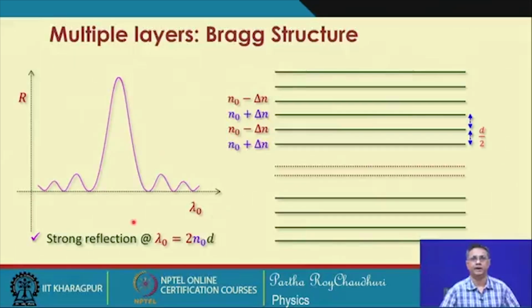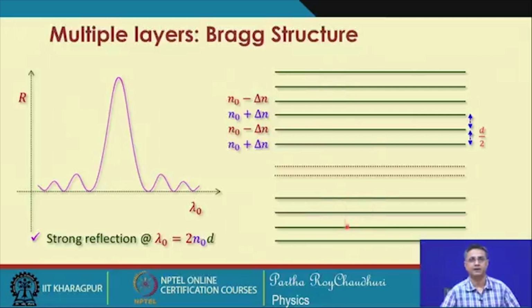For the Bragg structure, you have alternate high and low refractive indices, and you can represent the high as n 0, some base refractive index, modified by delta n, and the low is less by delta n. So, you have the refractive indices in all the consecutive layers high and low.